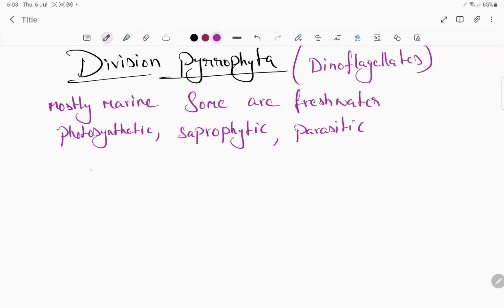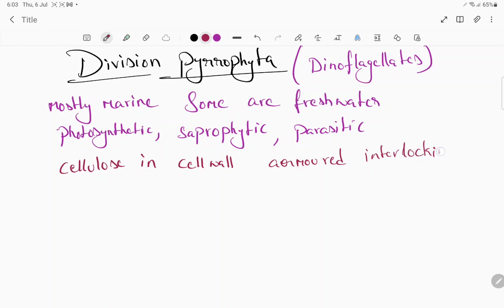So they have cellulose in their cell wall to form armored interlocking plates, stiff cellulosic plates called theca, and the longitudinal and transverse grooves.